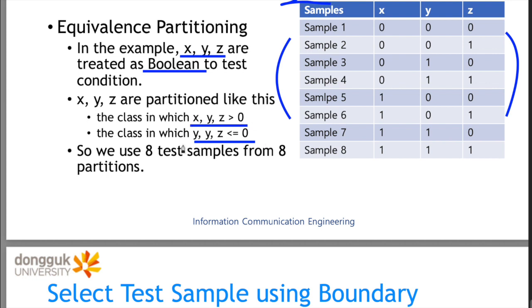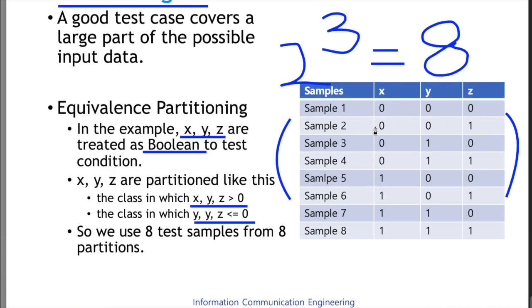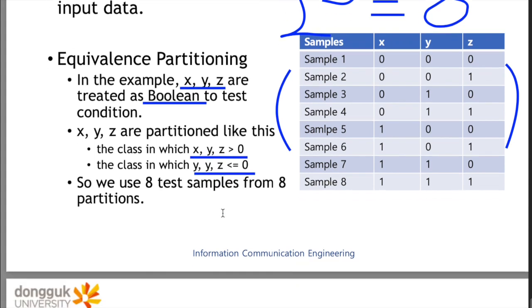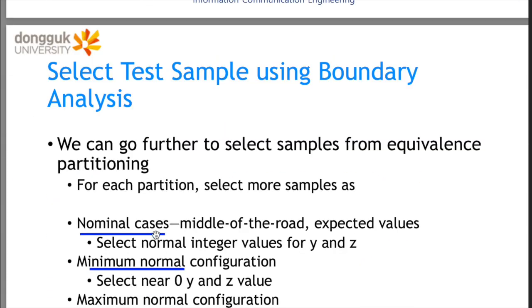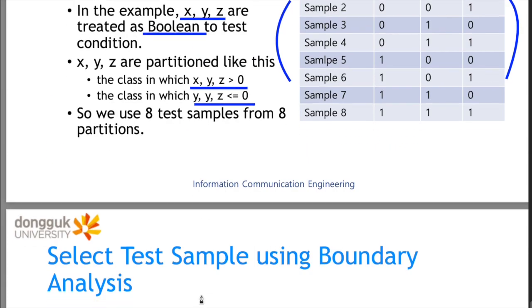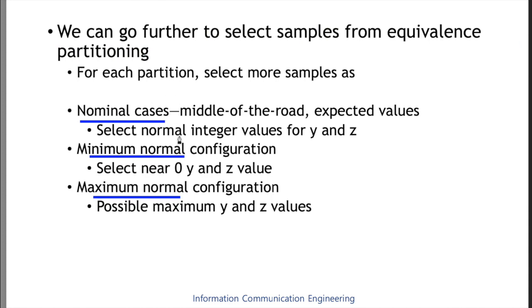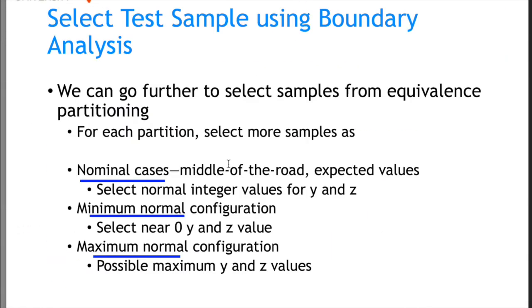For example, if you assume that this is an integer, then you can apply a very large number for X, Y, Z. Okay, and in the other class in equivalent partitioning, you prepare 1 sample for each class. But in this case, you prepare 3 samples for each class. Like X is maybe a normal case minus something, Y will be normally minus something, and Z will be minus something.